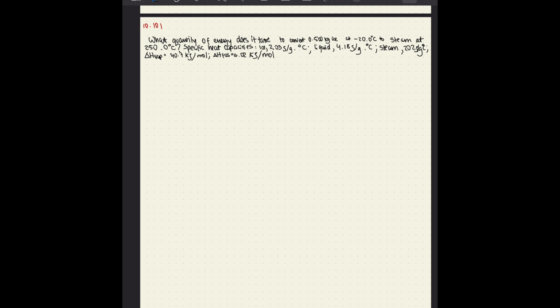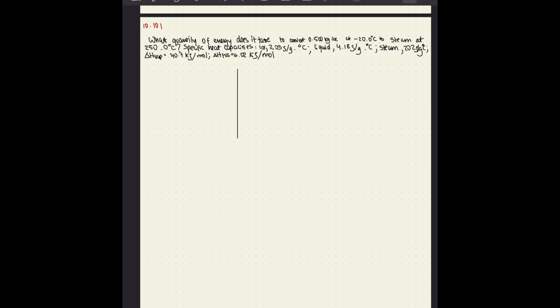And then the heat of vaporization is 40.7 kilojoules per mole, and fusion is 6.02 kilojoules per mole. Okay. So for me, what helps is I need to visualize this.